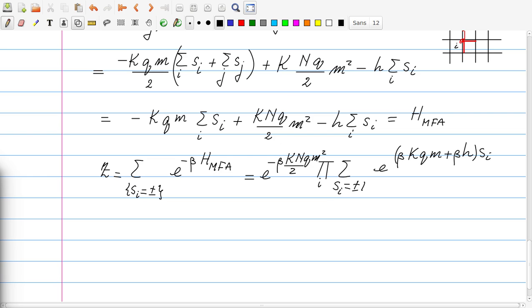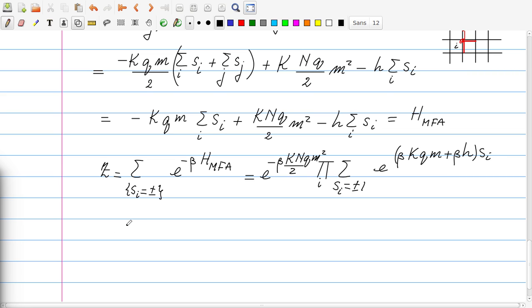Here is this energy term which comes in front of the sum over all the spin configurations. We rewrite the sum over all the possibilities for all the spins as a product over i, as i summed over the values plus 1 and minus 1. And these are all the values occurring in the exponent, which are proportional to the s_i.